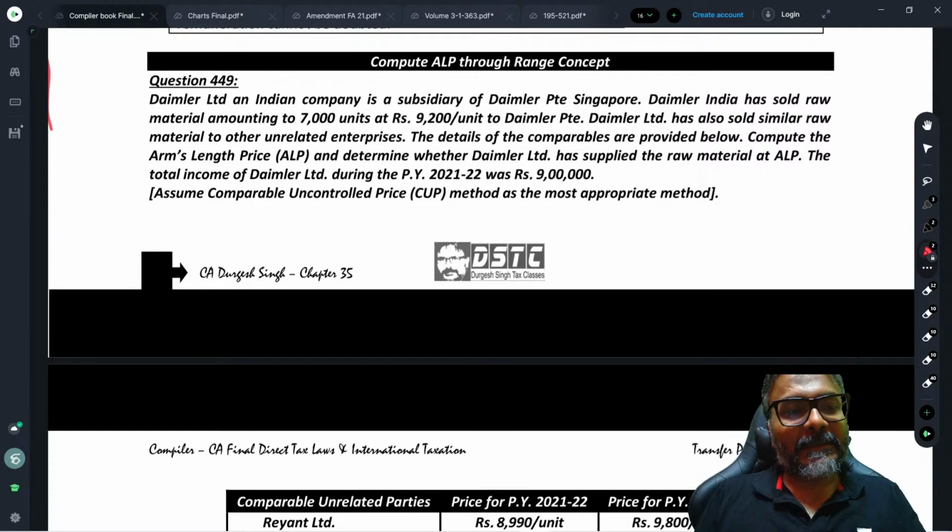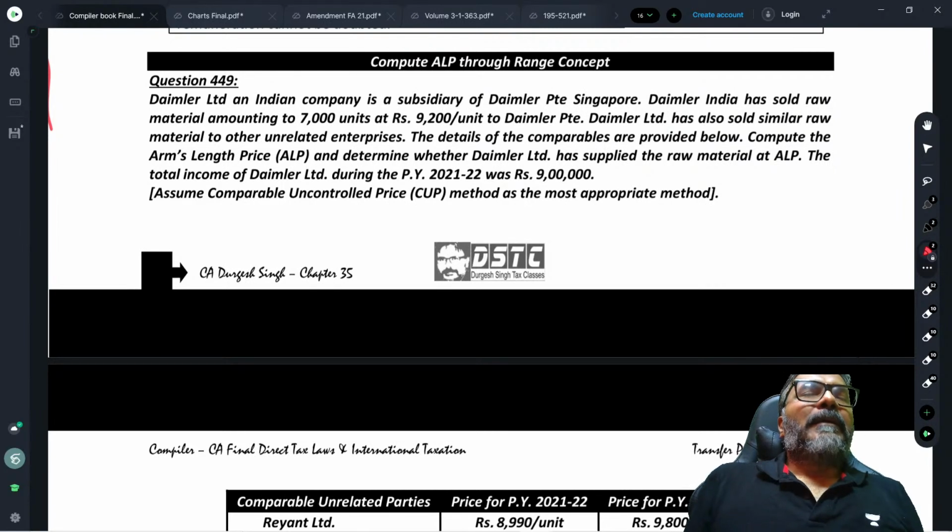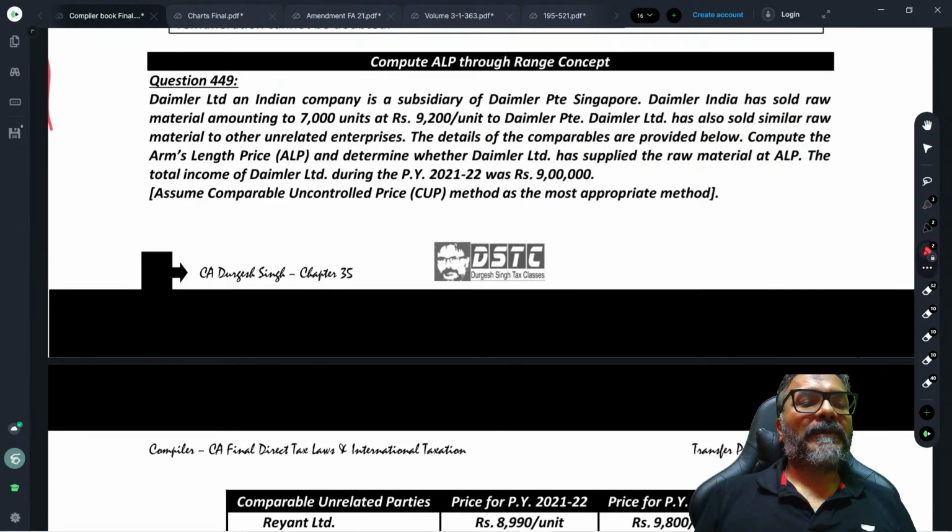When the range concept, students, is applicable, Prem. So, students, range concept for the purpose of applicability. If you look from the purpose of the applicability of the range concept, students, what exactly it is.